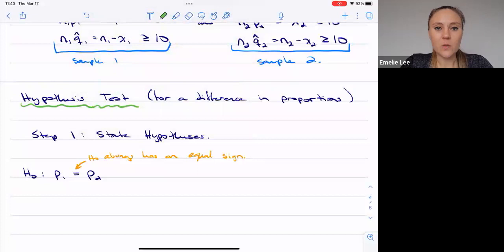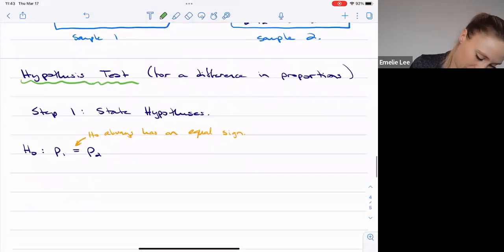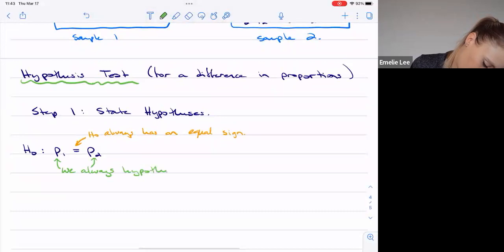P1 and P2 are the population proportions, so we always hypothesize about the parameter.